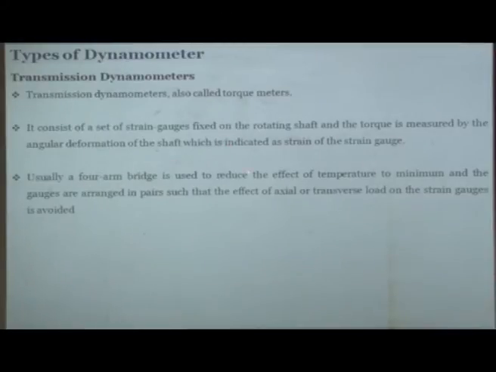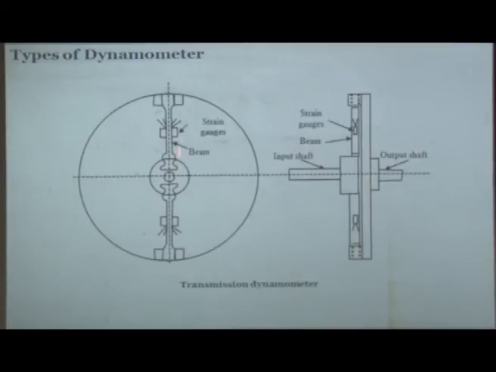It usually has a 4-arm Wheatstone bridge, which is used to reduce the effect of temperature to a minimum, and the gauges are arranged in pairs such that the effect of axial and transverse load on the engine stage is avoided. This is how it looks. This is the input shaft, power is going out, and you have applied the strain gauges. These are applied and you can measure the deformation of the shaft.